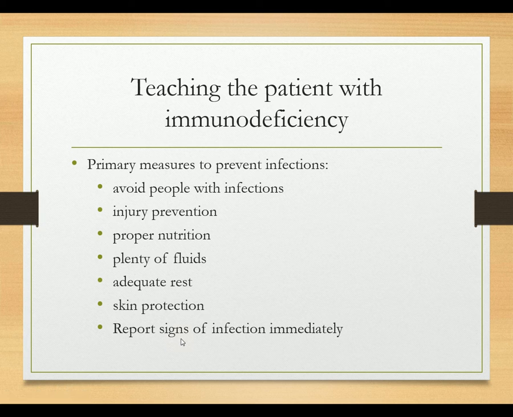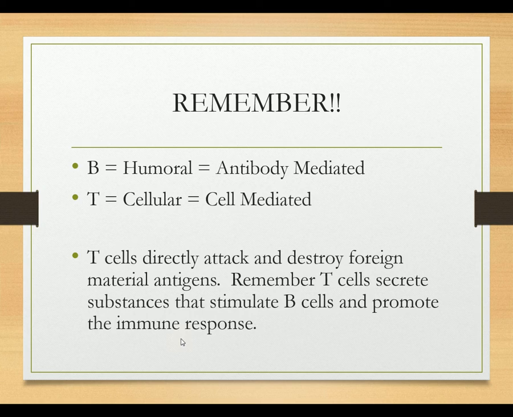We know, like all of our blood cells that we talked about earlier, that lymphocytes develop from those stem cells in the marrow. Remember that? And some of those lymphocytes will go to the thymus. And what do they become? T lymphocytes. And some of the B cells will go to the marrow, the liver, and some other places. So remember this: antibody-mediated, you should have thought humoral, B cells.